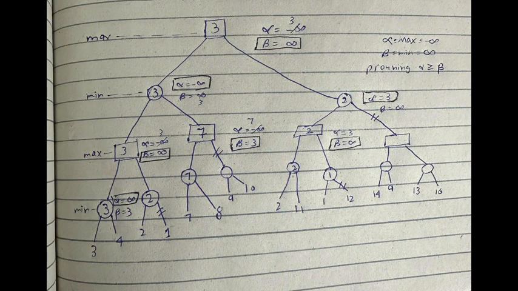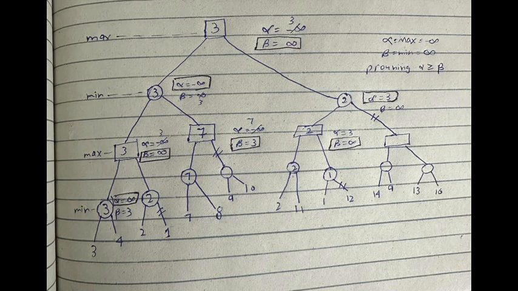We're bringing the value number 3 up to the max level. At that time, alpha's value updates to 3. Now we go down, and look, we have a best value of 3. We went down to the child node and found out that the child node had the best value of 2.